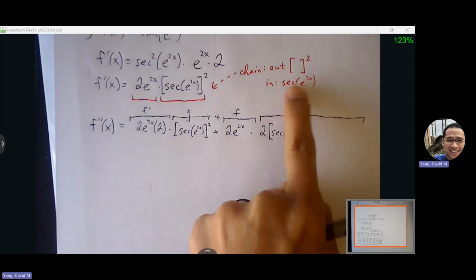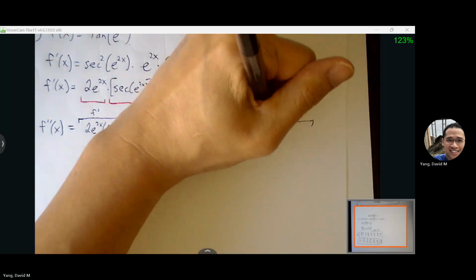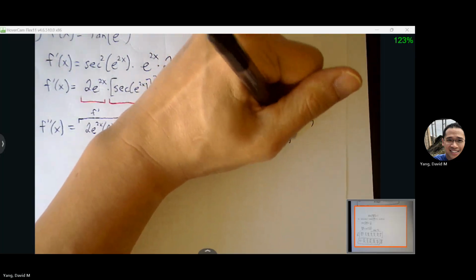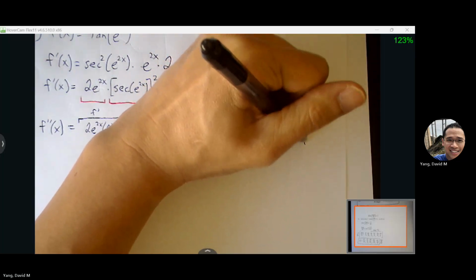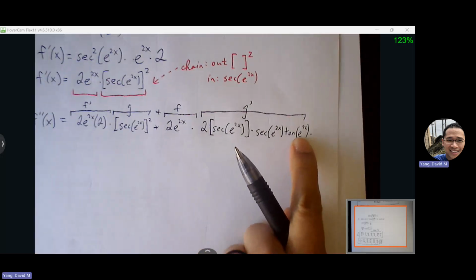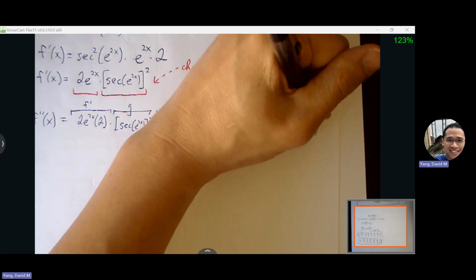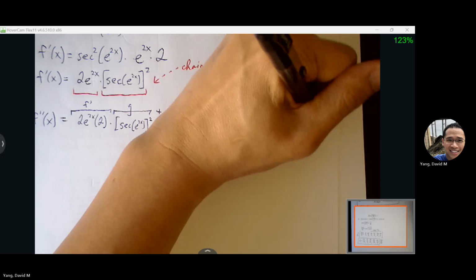Secant of u becomes secant u tangent u times u prime. U prime is asking for the derivative of e to the 2x. And remember, for e to the u, the rule is e to the u times u prime, so it'll be e to the 2x times 2.